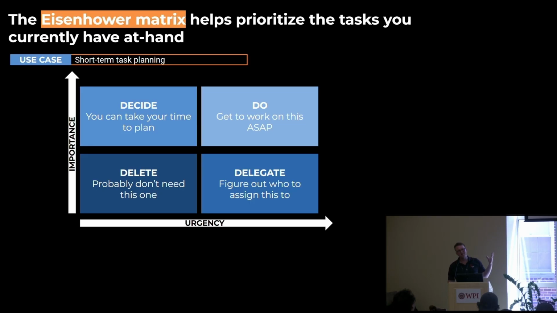Figure out, okay, this is something that is probably low urgency, but high importance. It doesn't actually need to happen right now, but we really need to make sure we get done. That goes in that top left box, where you have the time to think through it and spend more time figuring out exactly how we're going to do it.